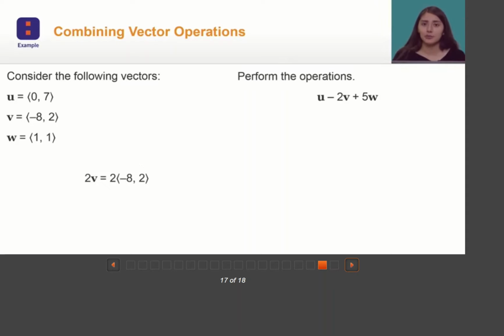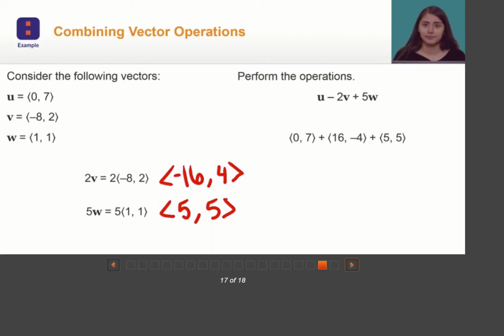2v is equal to 2 times -8, 2, which equals -16, 4. 5w is equal to 5 times 1, 1, which equals 5, 5. Now we can substitute these values into our expression.